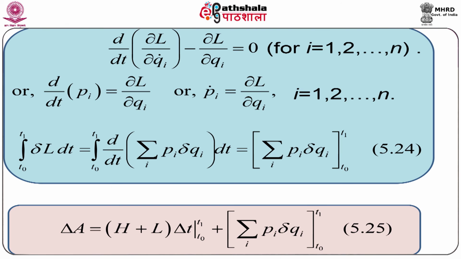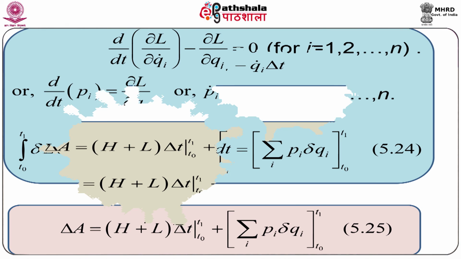Therefore, substituting 5.23 and 5.24 in 5.22, we get Δ A equal to H plus L into Δ T at t0 to t1, plus the summation over i of pi into δ qi taken at t0 to t1.